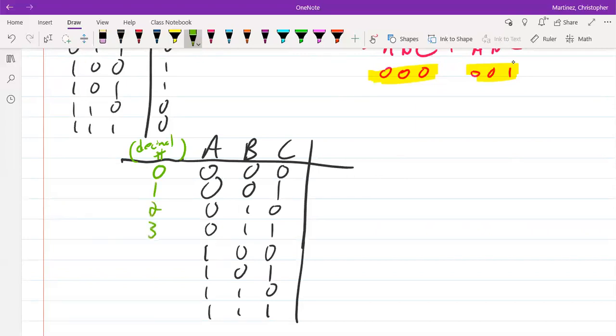Decimal 2, decimal 3, 4, 5, 6, and 7. This is kind of why we want to write everything numerically increasing by 1.